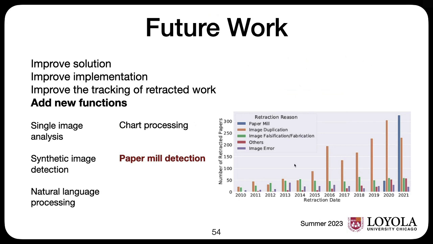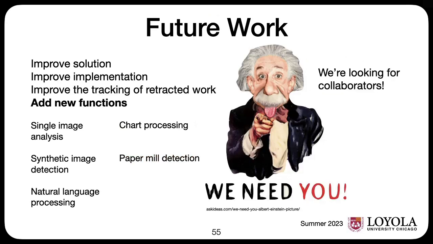As you can see here, we started looking into this problem, and from 2010 to 2021, when you look at reasons for retraction, you can see that paper mill, the one in blue, has increased a lot lately, together with image duplication. So we need to deal with paper mill detection. Right now we are doing some research with Unicamp back in Brazil for improving provenance analysis to give support to paper mill detection.